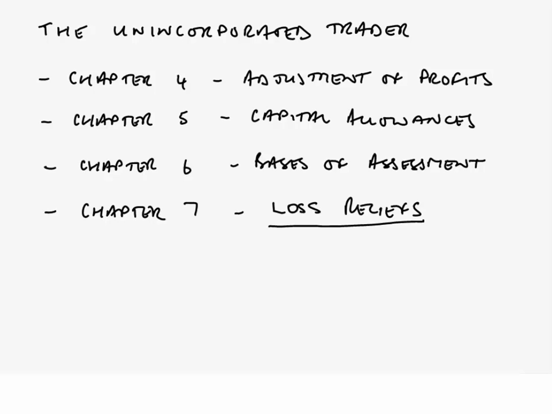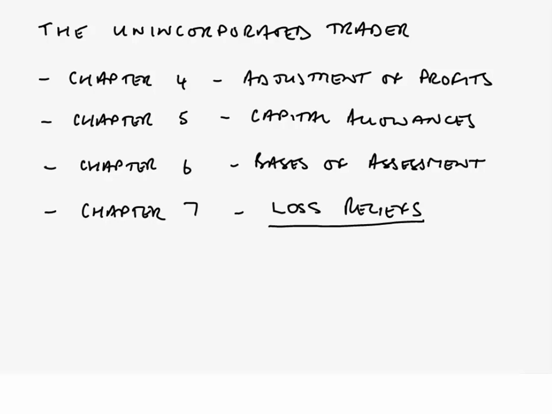And depending on the type of plant and machinery acquired and when we acquire it, we were able to establish the levels of AIA, WDA or FYA that may be claimed in relation to an accounting period. Chapter 4 and Chapter 5 looked at the determination of the tax-adjusted trading profit of the taxpayer's chosen accounting period.